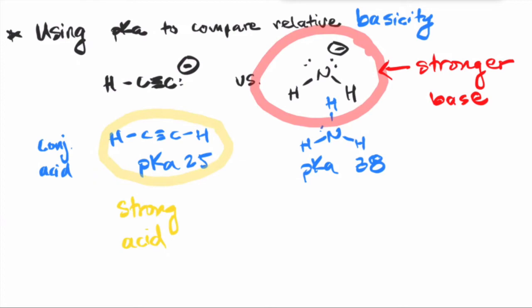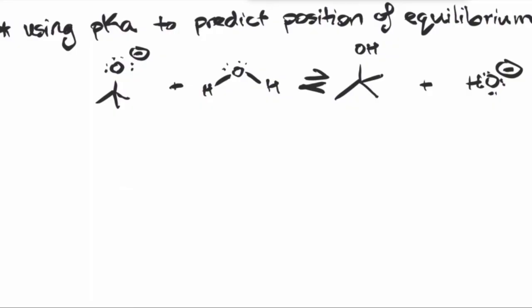So that's how you can use pKa to both compare the relative acidity of two compounds or the relative basicity of two compounds. We can also use pKa's to predict the position of equilibrium of a reaction. For example, if you were given this equilibrium and asked to predict whether it favors the forward reaction or the reverse reaction, how would you go about doing this? So first step is you want to be able to identify the acid and the base in this reaction.